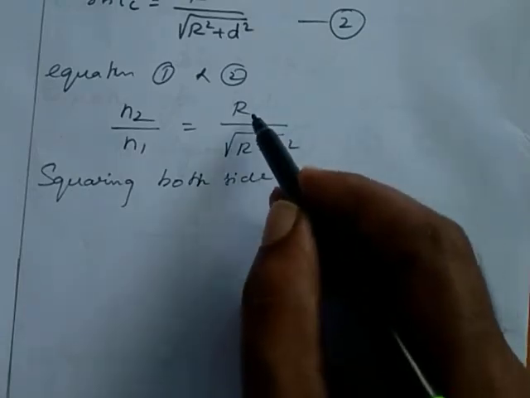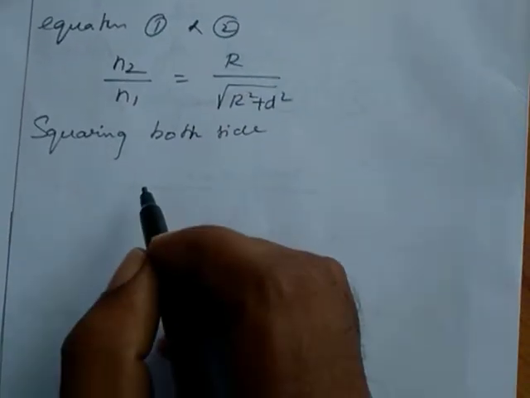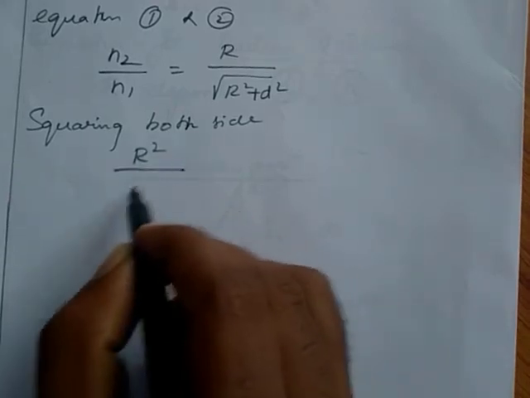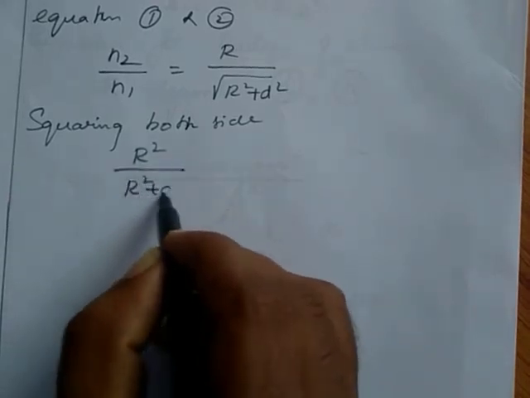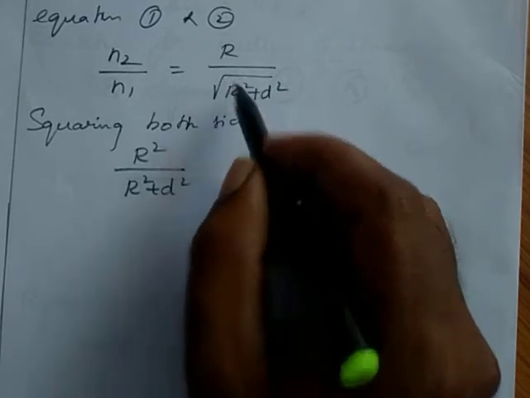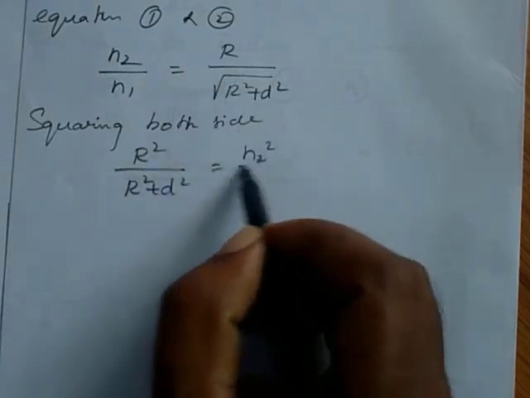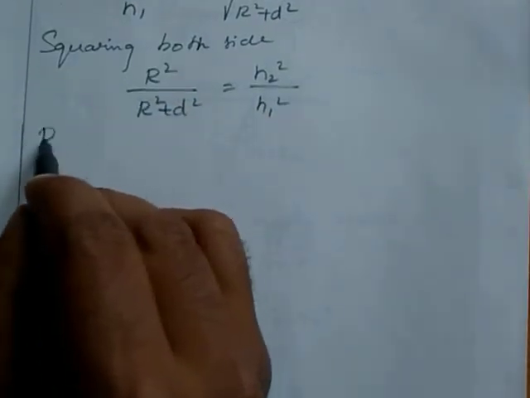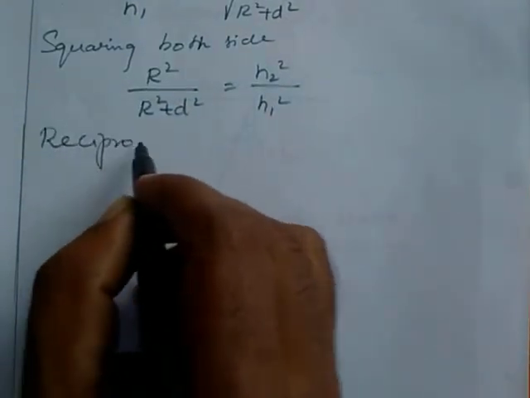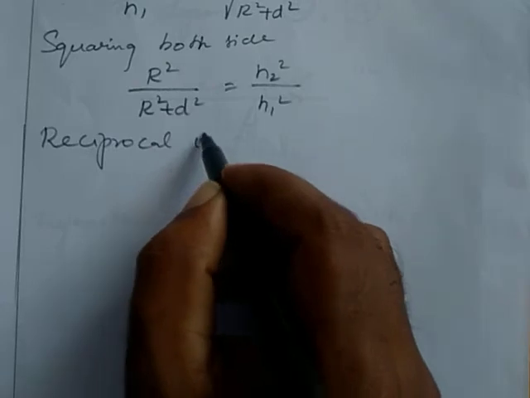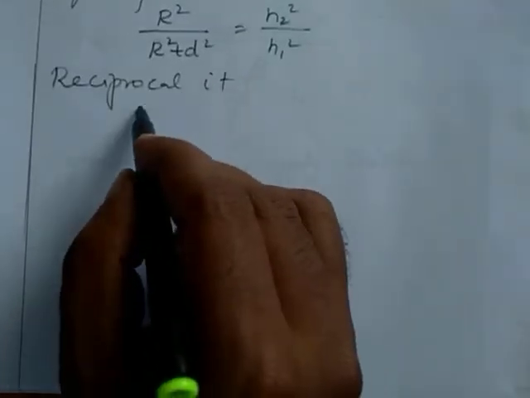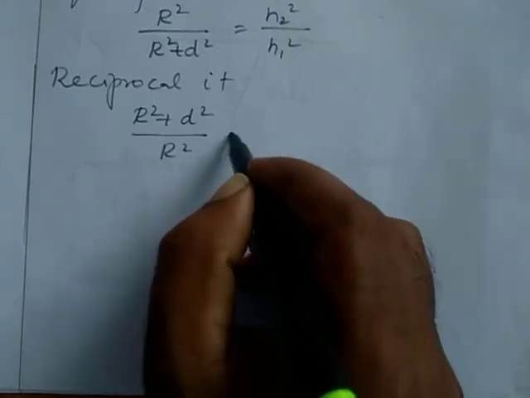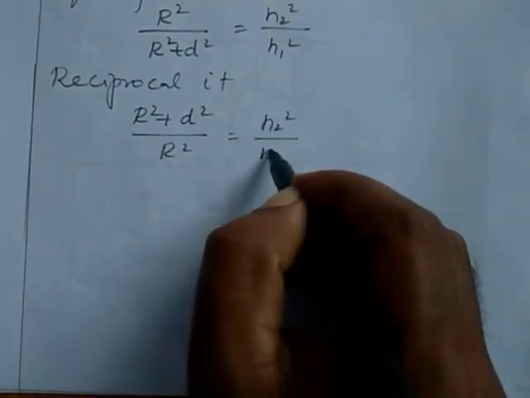Then squaring both sides, because we need to find the value of R. Squaring both sides, we get R square by R square plus D square, the root is going to cancel, equal to n2 square by n1 square. Then reciprocating it, we get R square plus D square by R square is equal to n2 square by n1 square.